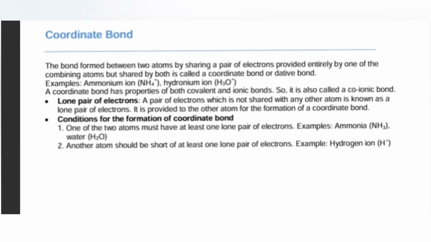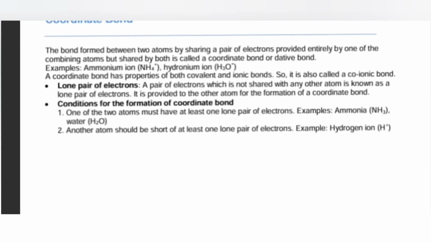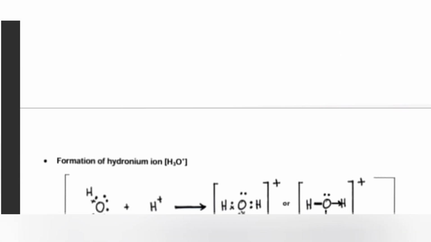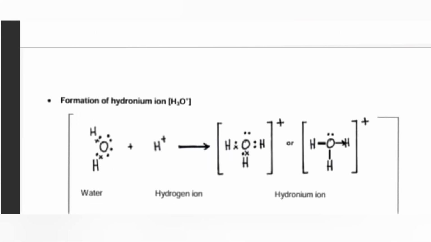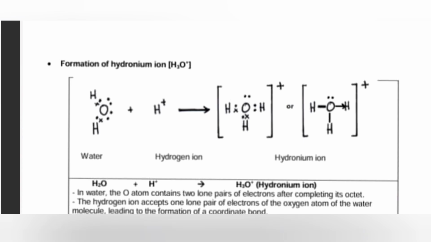The condition for formation of a coordinate bond: one of the atoms must have at least one lone pair of electrons, for example ammonia, water, and another atom should be short of at least one pair of electrons, for example the hydrogen ion. So this is the formation of H3O+, where there is one lone pair and it can accept one hydrogen ion.